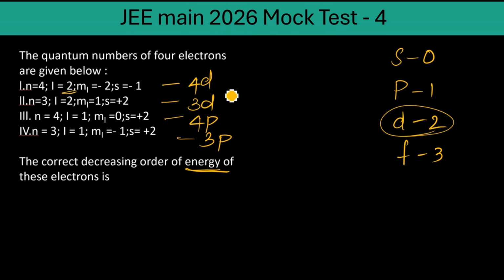Of course, d orbital will have the highest energy, right? 4d, then comes 4p, then 3d. After that, I'll have 3p. So the decreasing order is mentioned over here.